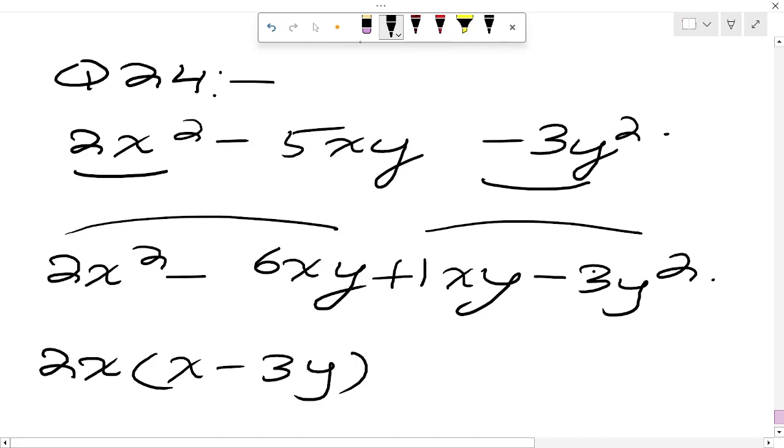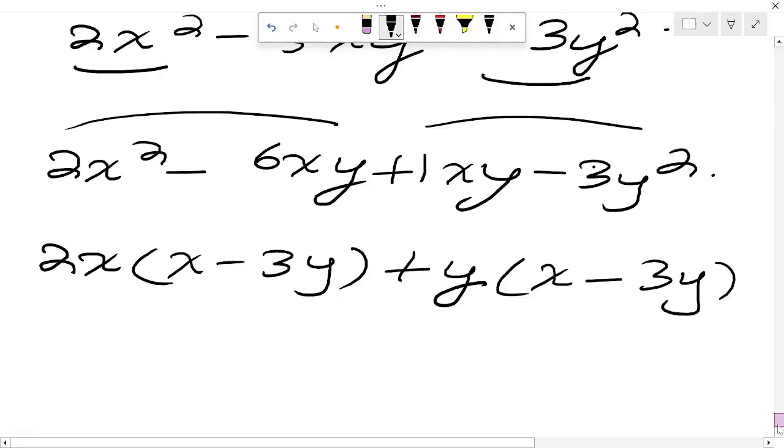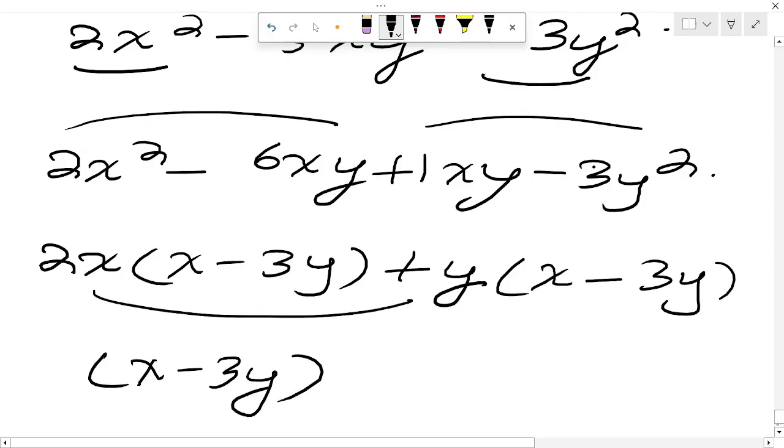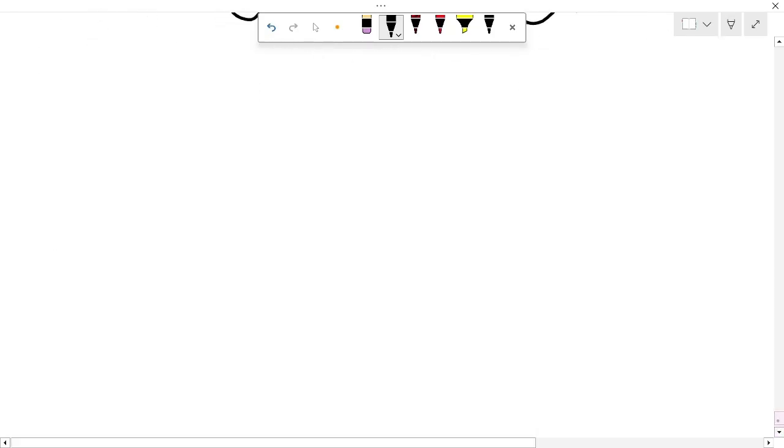Then I'll just pick y as a common value. And then I'll have plus, minus is minus, and then we have 3y. So the first factor is going to be x minus 3y. And the second factor will be 2x plus y. So this is our answer. Now let's move on to the quadratic expression number 24. Sorry, I mean 25.